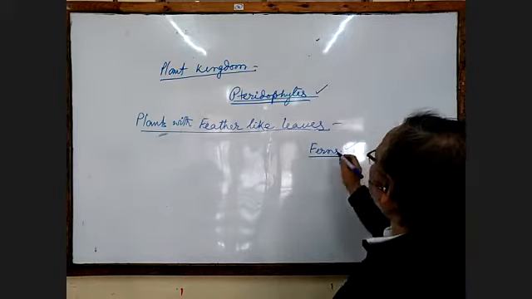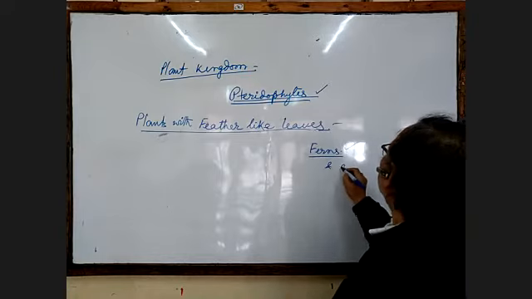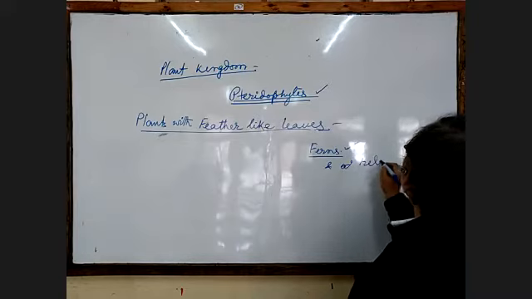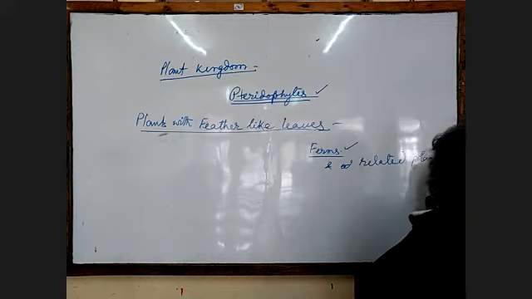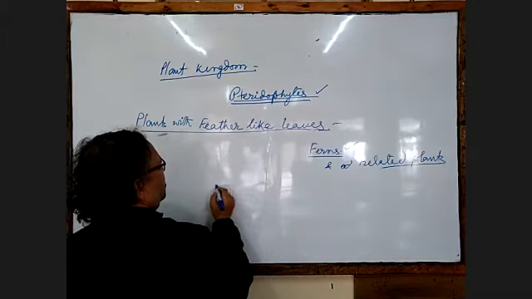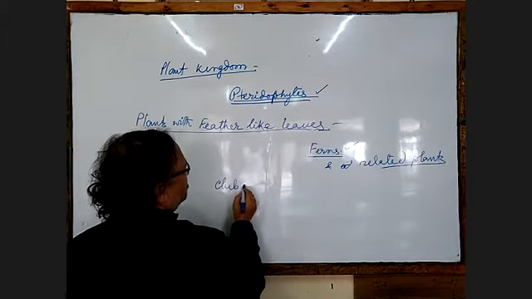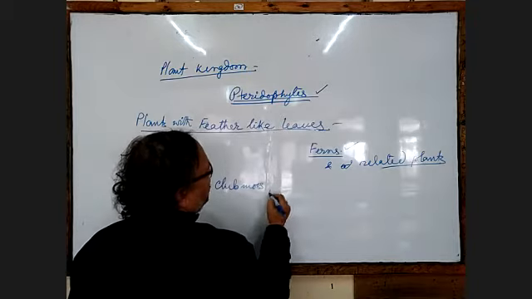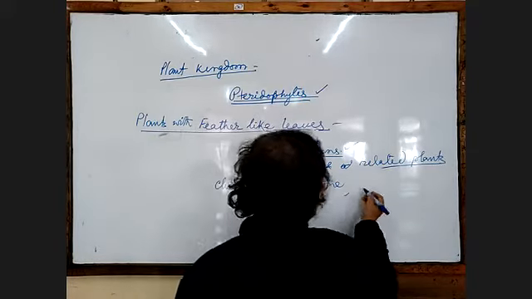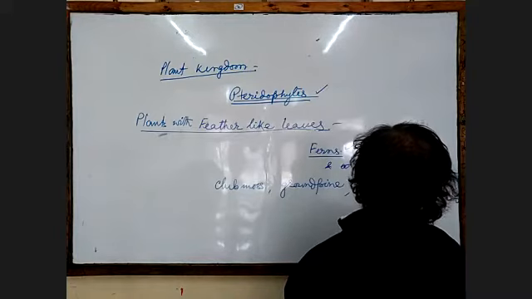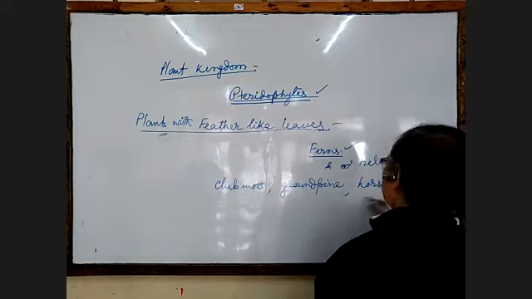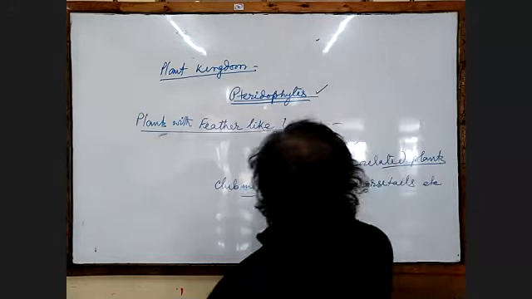So pteridophytes include ferns and their allied, related plants, like club moss, ground pine, horsetail, etc. All these forms come under this.